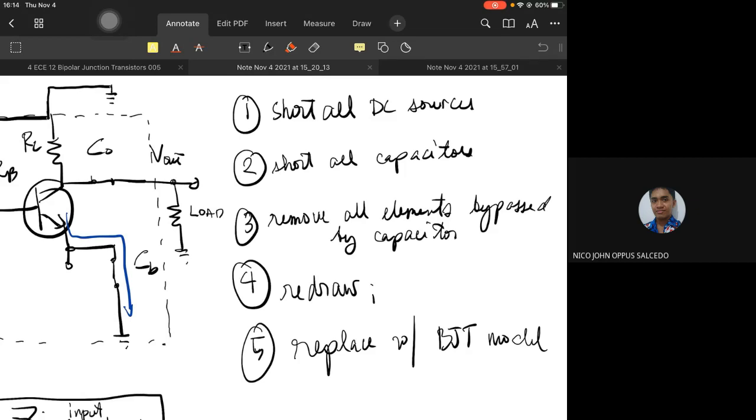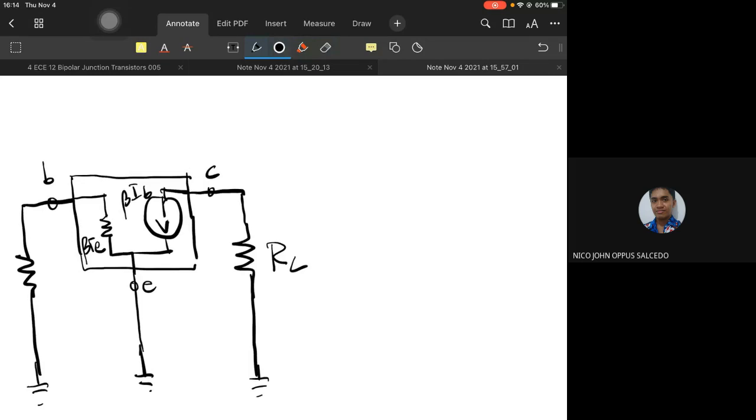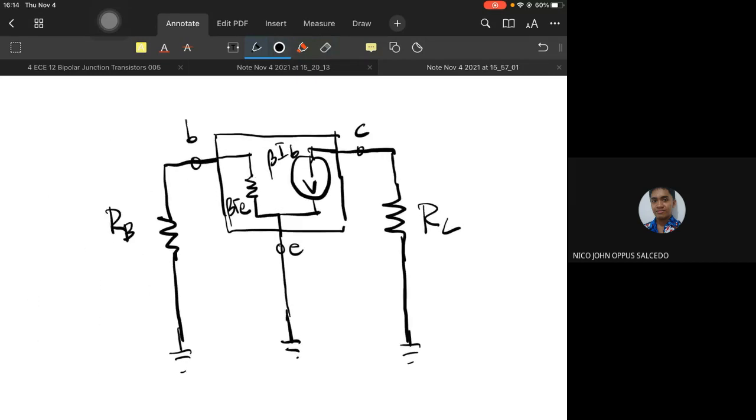Mao ni siya ang guide nga gigamit para ma-derive ni nga mga formula. Pero if available na ni nga mga formula, technically di naman tayo agi ani nga process again. Okay, so this is our amplifier model na. This is the BJT model. As a whole, this is the amplifier model.